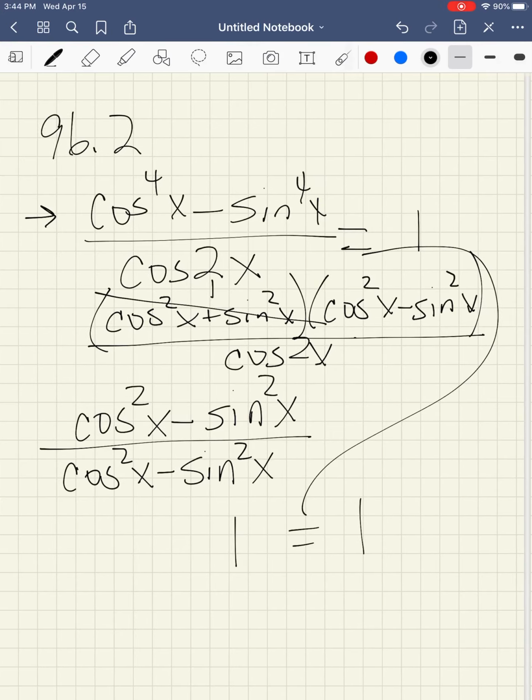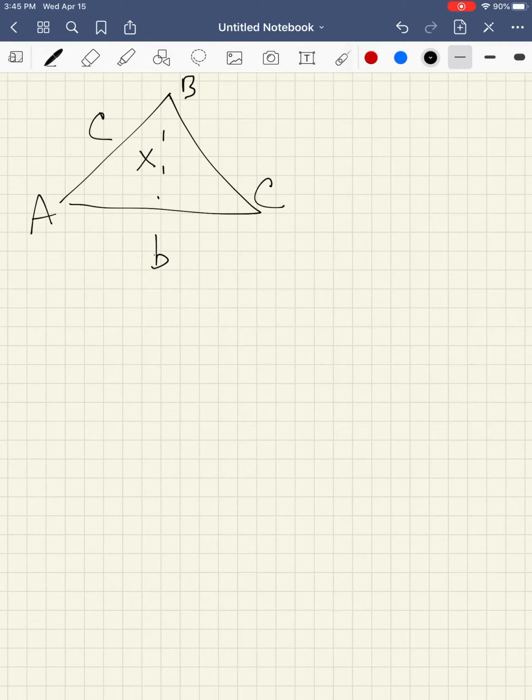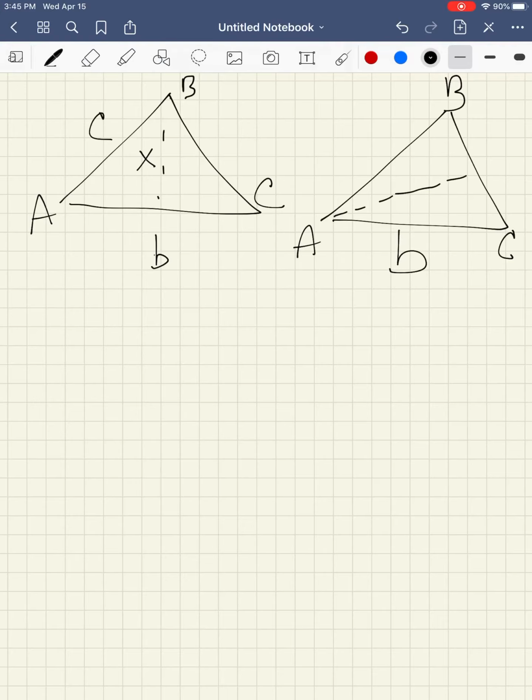Okay. Now then, switching gears a little bit, look over on page 554. They draw this triangle 3 times. We'll do it twice. It's the same triangle, just using different sides as the base and the height.